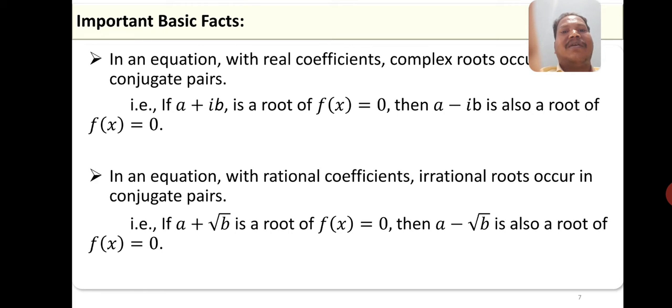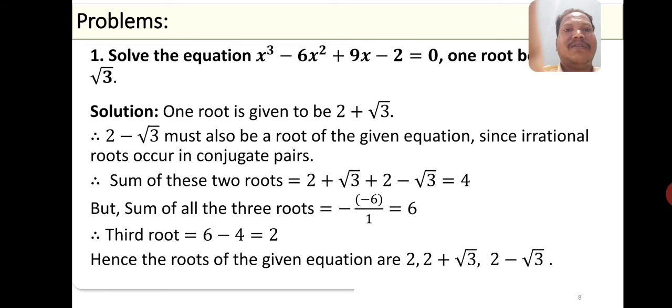Next one, in any equation with rational coefficients, irrational roots occur in conjugate pairs. That is, if a plus root b is a root of f(x) equals 0, then a minus root b is also a root of f(x) equals 0. So using above concept, we will take some problems.